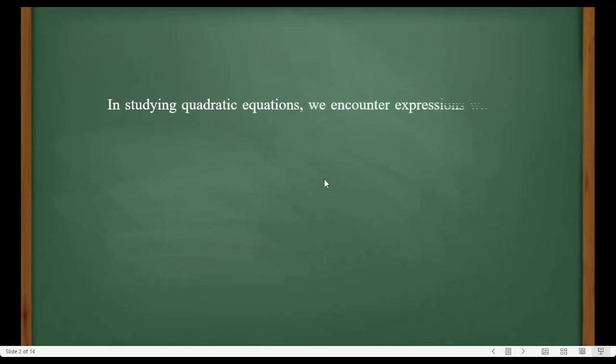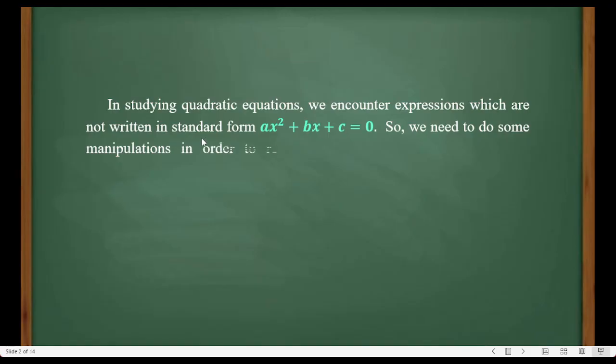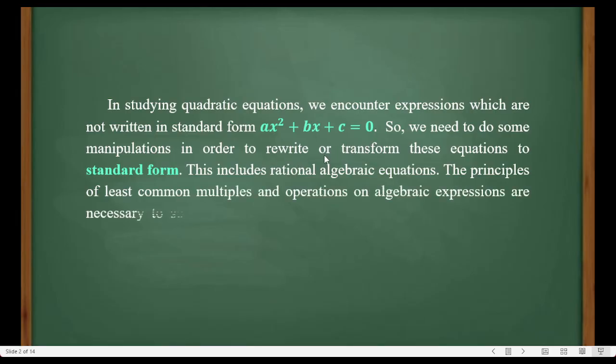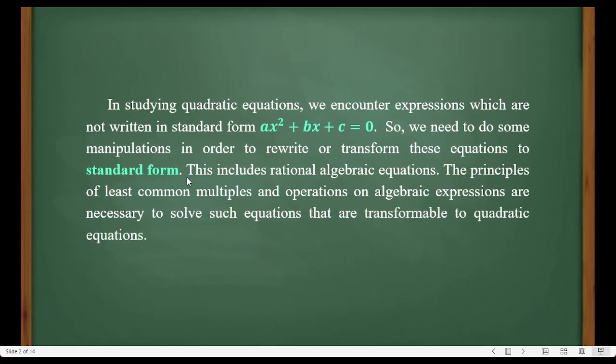In studying quadratic equations, we encounter expressions which are not written in standard form ax squared plus bx plus c equals 0. So we need to do some manipulations in order to rewrite or transform these equations to standard form. This includes rational algebraic equations.